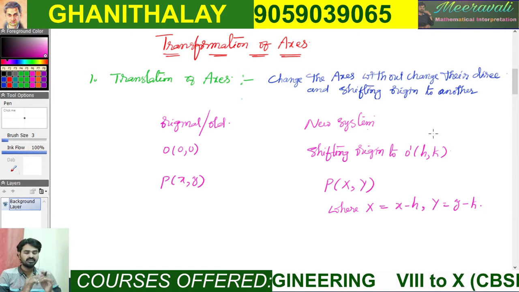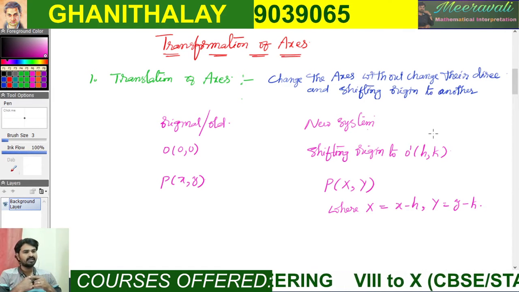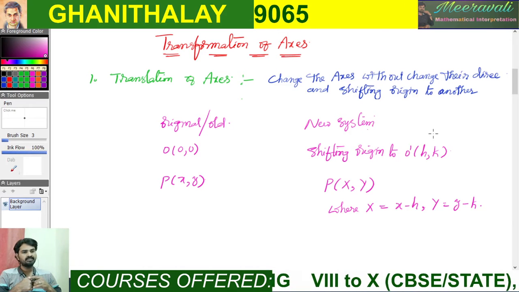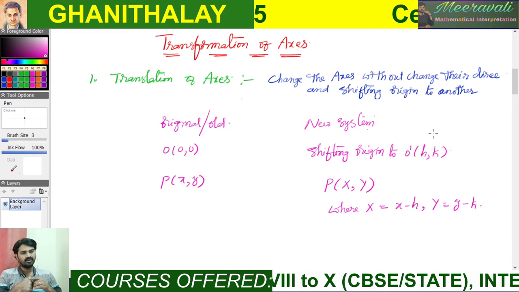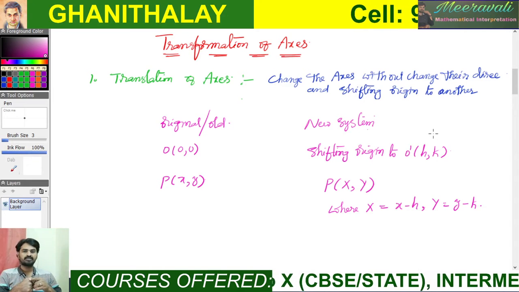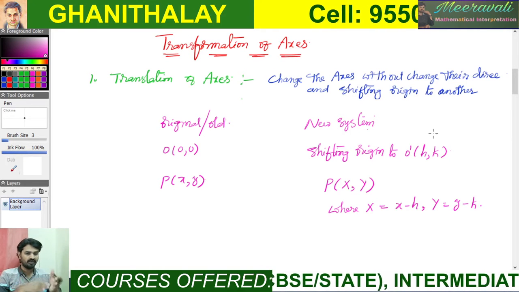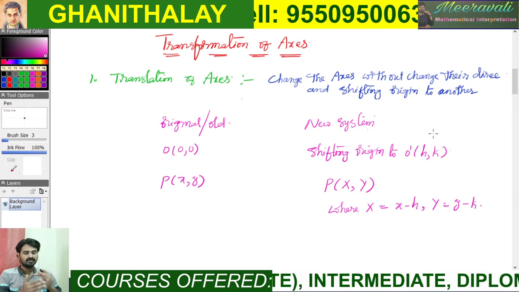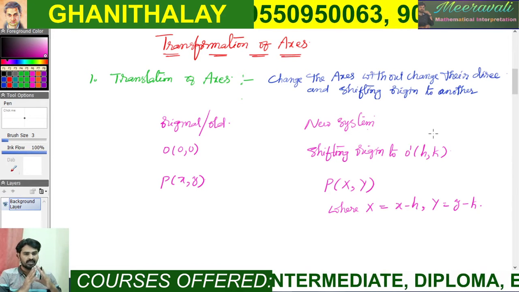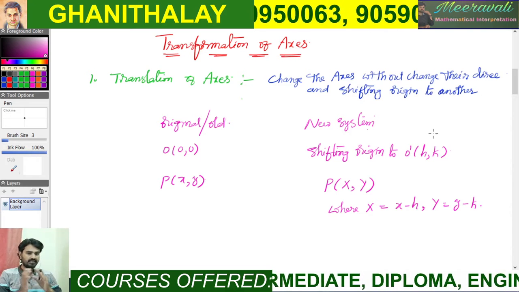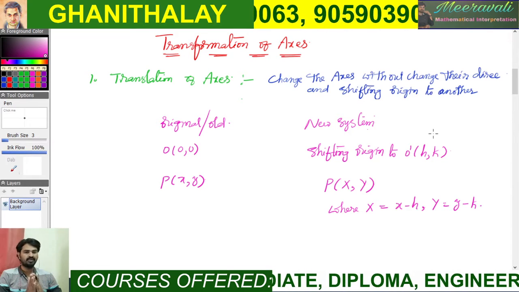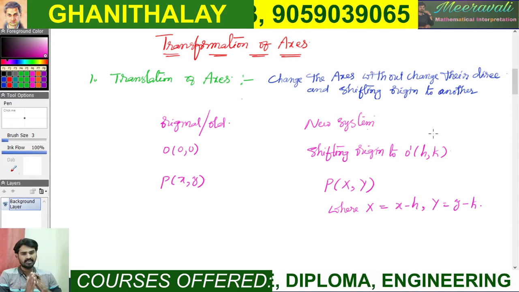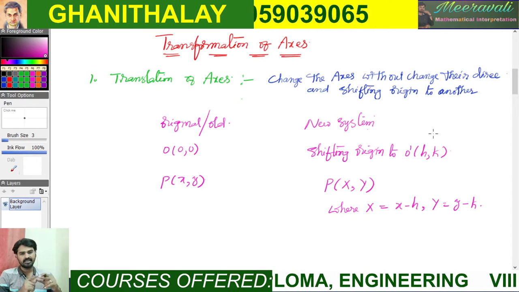If it is given, it is taken as O dash h comma k. After that, the point in the original system will be given, taken as small x and small y.